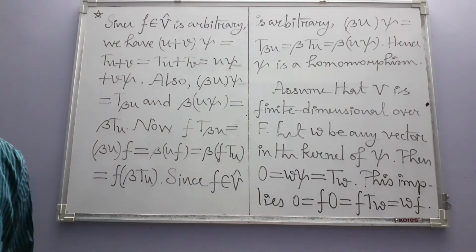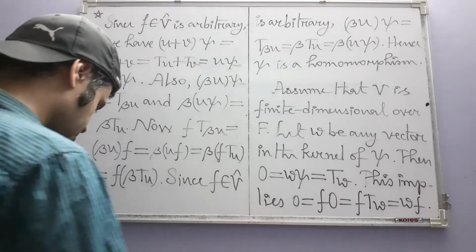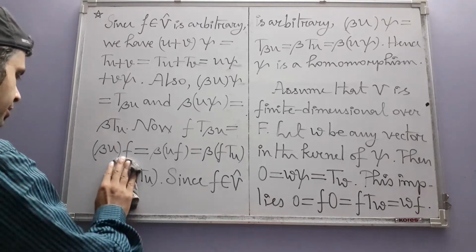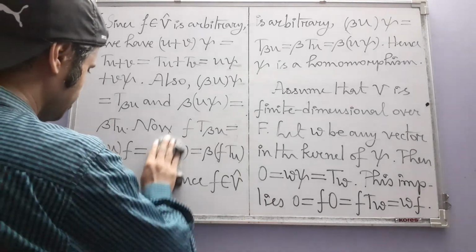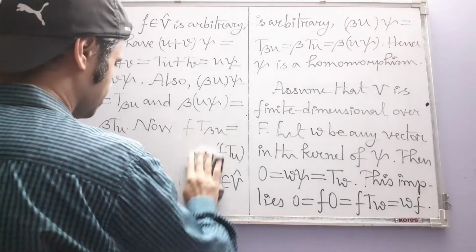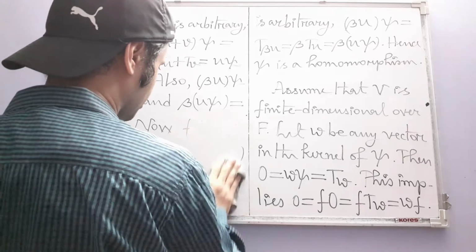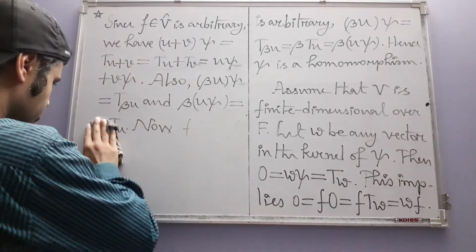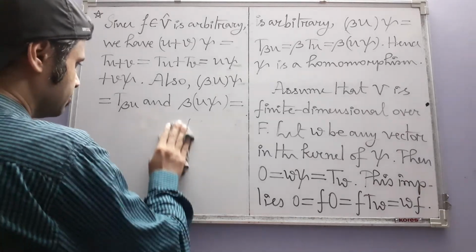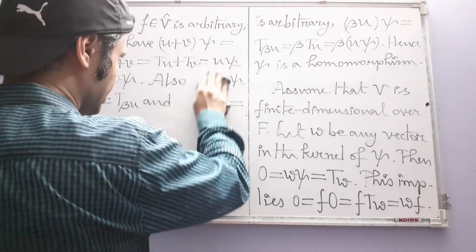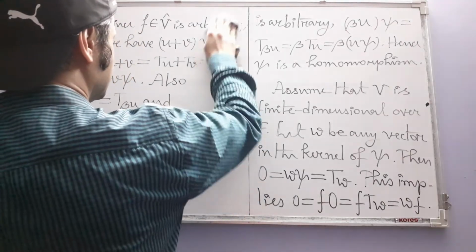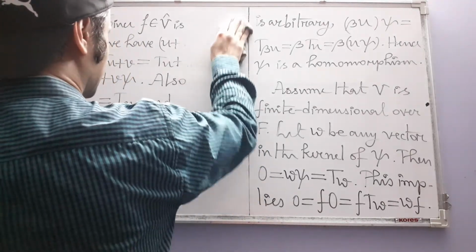Okay. But from this, how can we possibly show that w has to be equal to 0? For that, we have to recall one result that we already proved in the previous video. Namely, that when V is finite dimensional, let me just simply write it without saying it verbally.